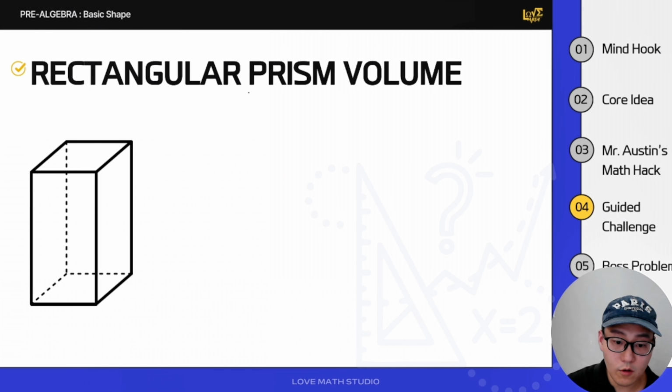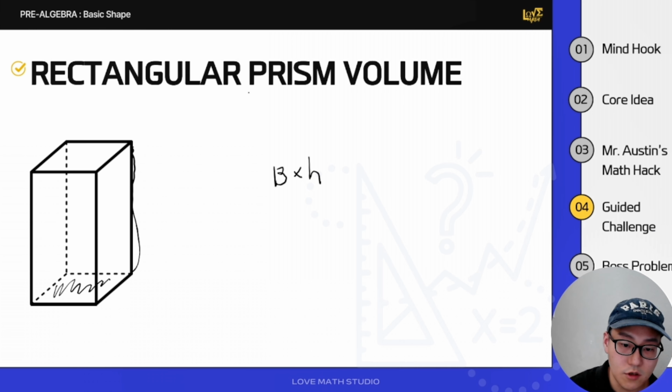So basically all the volumes are simply base times height, which is base area times height. Base area is this part and height is this part, h.